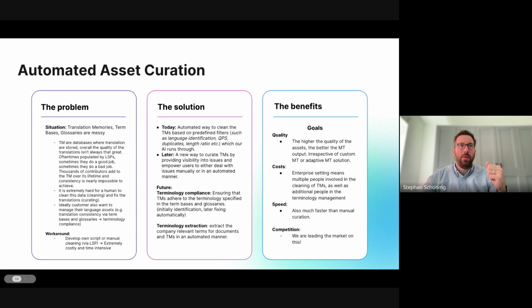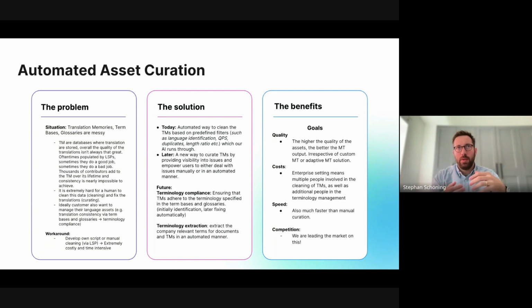So basically what we are able to do today is, according to some filters, throw out TM segments where we feel like, okay, first of all, this is a TM in a specific language pair, English to Spanish, we detect the language, and maybe there is a translation stored that is a German translation, which really shouldn't be in there.